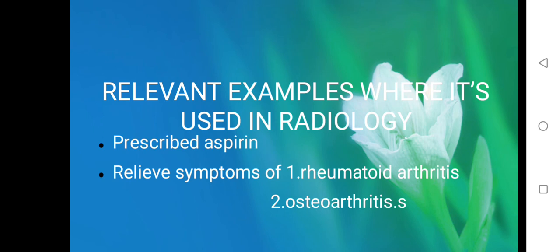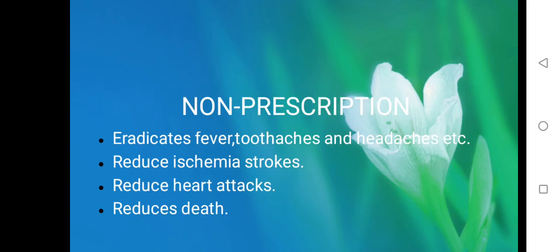For example, firstly, prescription aspirin relieves symptoms of rheumatoid arthritis, which is the swelling of the lining of joints, then osteoarthritis, which is the breaking down of the lining of joints. Non-prescription aspirin eradicates fever, toothaches, and headaches, reduces ischemia, strokes, heart attacks, and death.